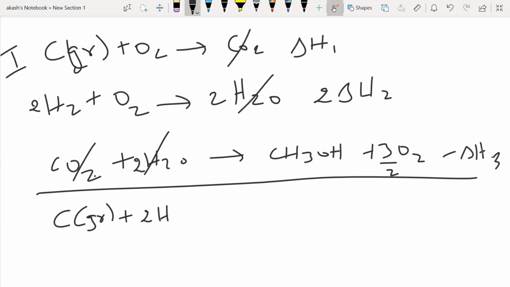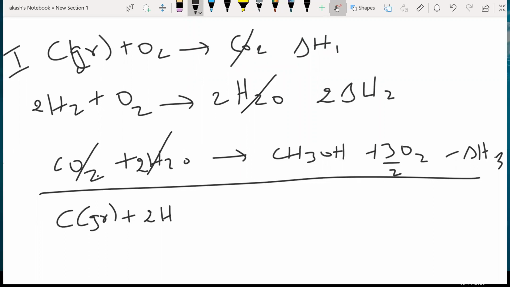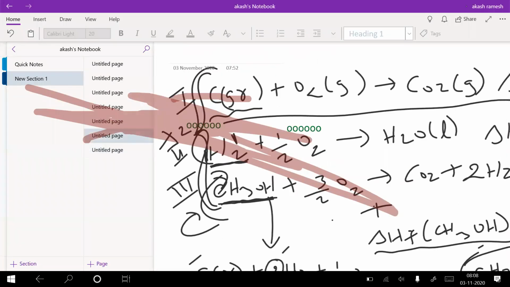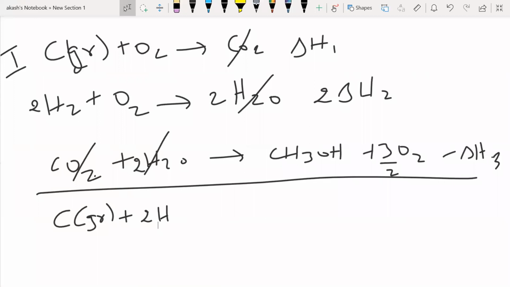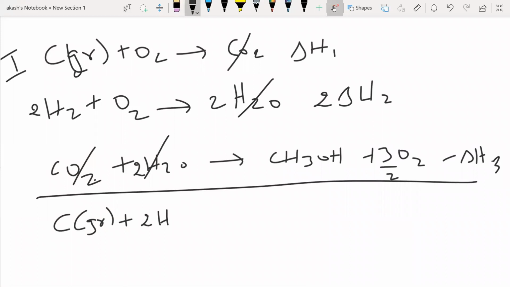Wait, something is wrong. No? Okay, you're doing correct. Fine. Right. So carbon graphite, and I have how many H2s? Any more H2s? So only 2 H2. Right? Gives what else? CH3OH is there.